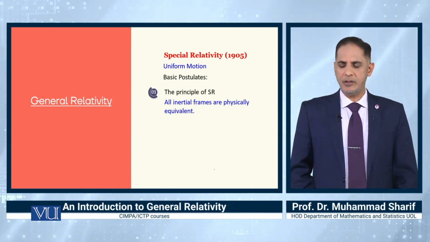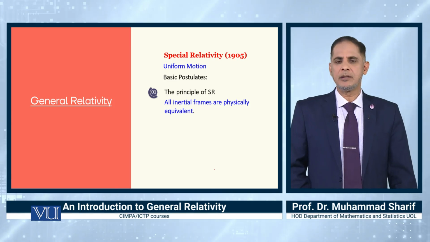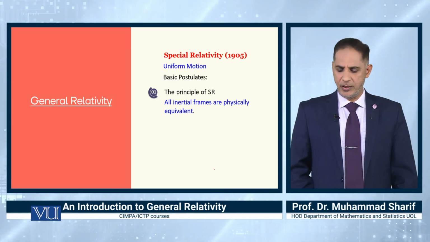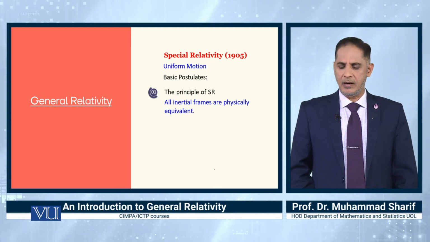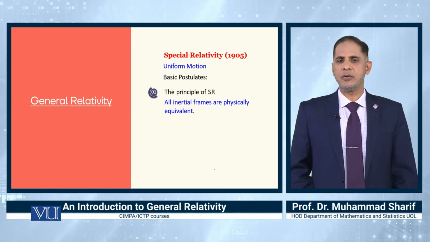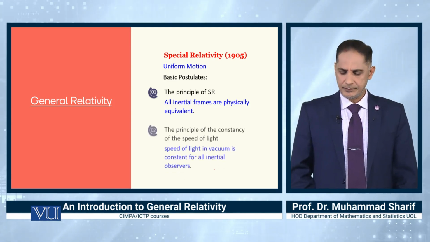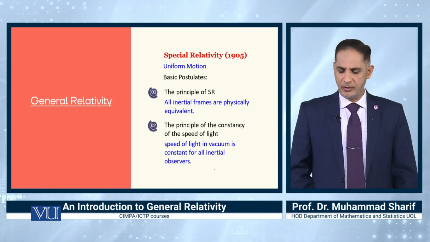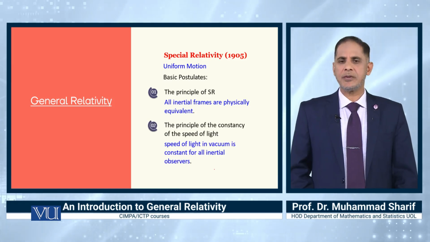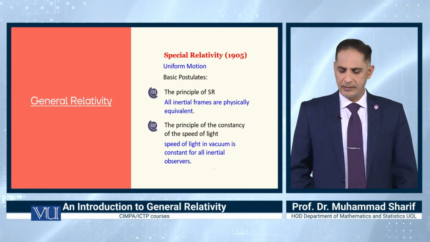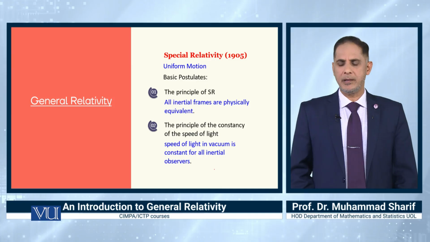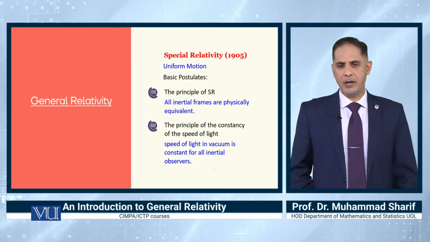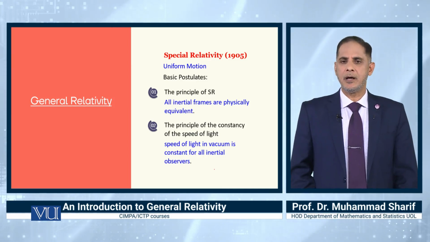So, the formal basic postulates of this theory are: the first one, the principle of special relativity, that is, all inertial frames are physically equivalent. The second postulate is the principle of the constancy of the speed of light, that is, the speed of light in vacuum is constant for all inertial frames or for all inertial observers. Obviously, the observer is sitting in the inertial frame.